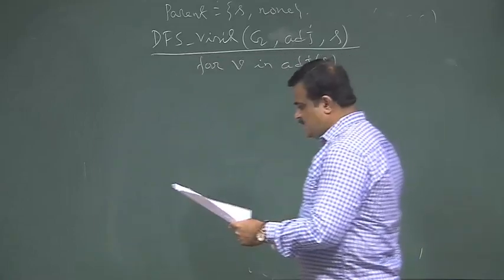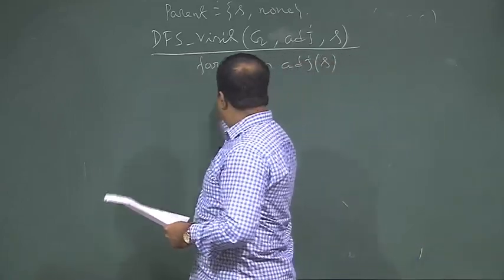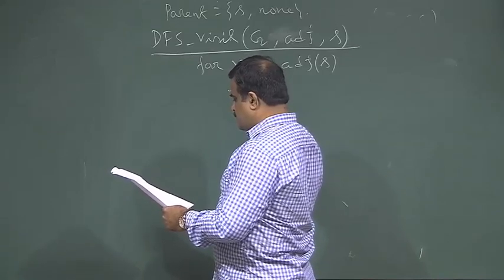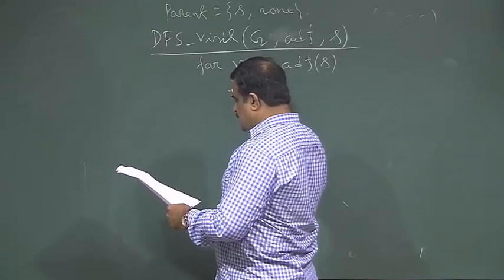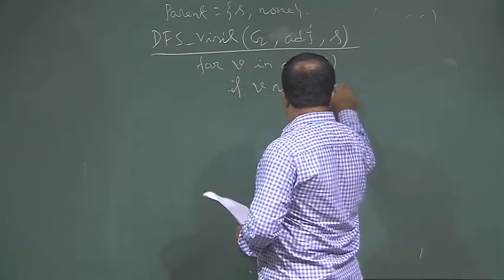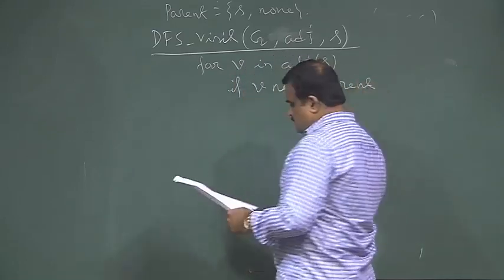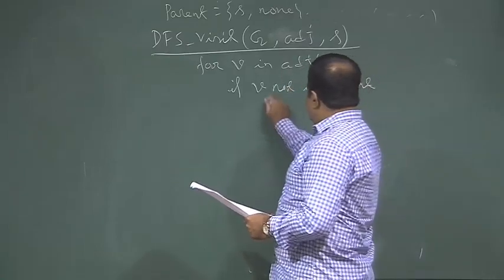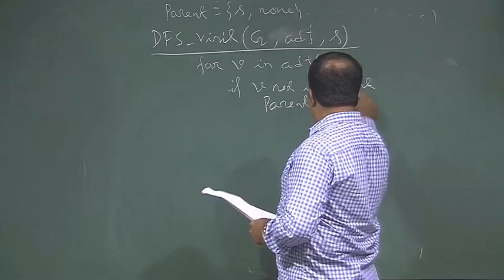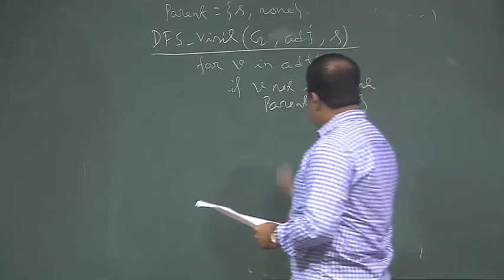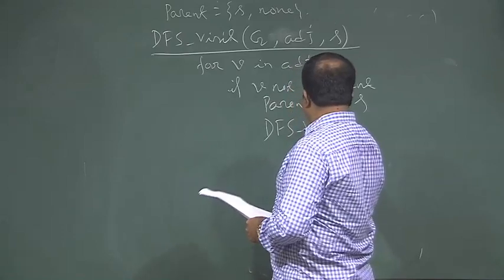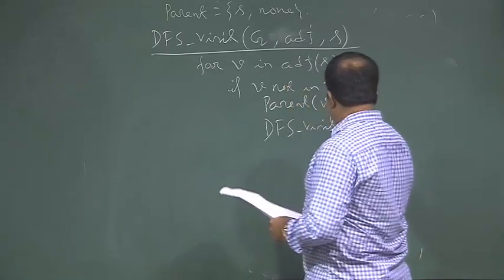If V is not in parent, that means V is not seen before, then we label parent of V as S and we call BFS visit, the recursive call on this V.